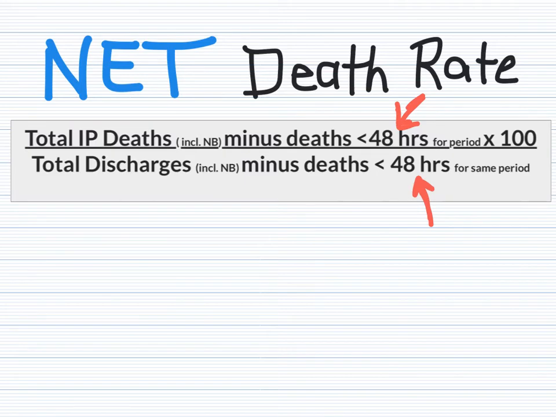So here we have the total number of inpatient deaths, including newborns, minus the deaths that happened under 48 hours for a time period, times 100, over the total discharges, including newborns again, minus deaths less than 48 hours for that same time period.